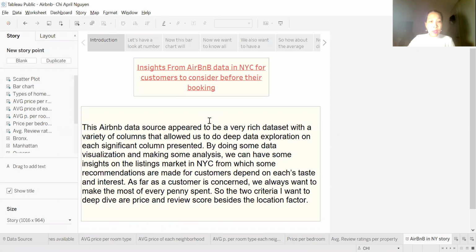Okay, so this Airbnb data source appeared to be a very rich data set with a variety of columns that allow us to do deep data exploration. By doing some data visualization and analysis, we can have some insights on the listings market in New York City, from which we can make some recommendations for customers to choose their destination.